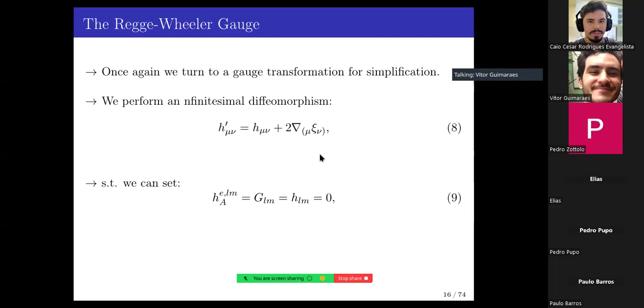If you're wondering what this vector should look like, you can always check the reference by Ferrari. They do these calculations there. But basically you have to solve a differential equation to find what these vectors must be so that we can set this. There are a number of different gauges, right?